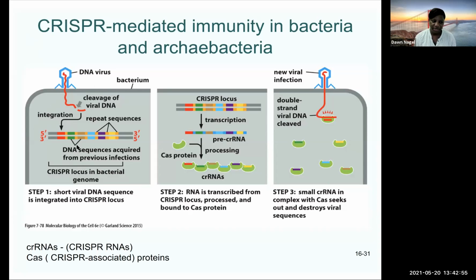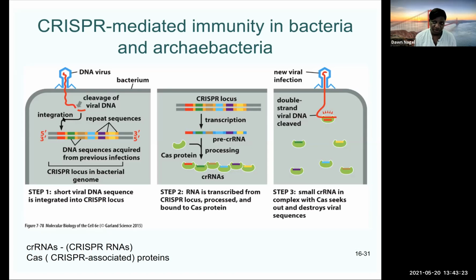So the idea being in bacteria, if bacteria is infected by a DNA virus, which most times it is, what it does is immediately cleave this viral DNA. It then takes this viral DNA and inserts it in a region in the genome to keep it as a memory, okay?